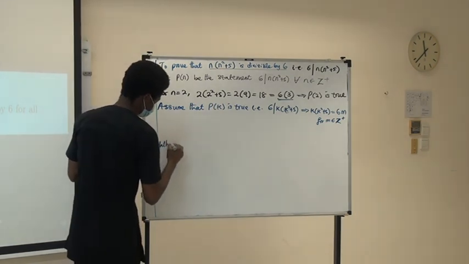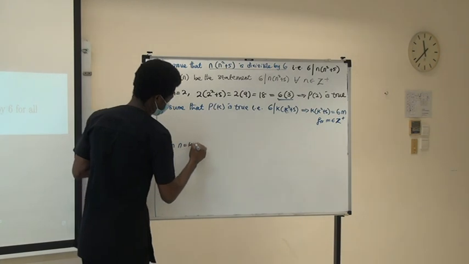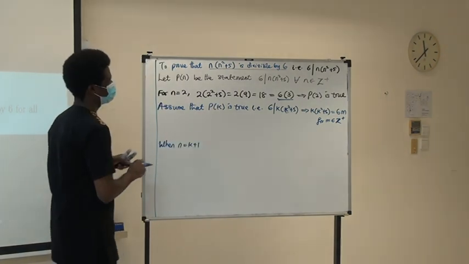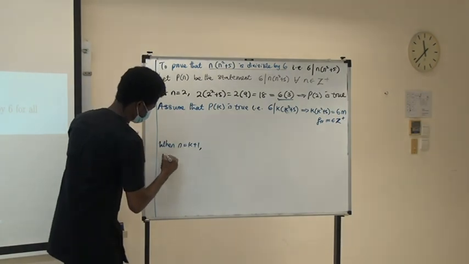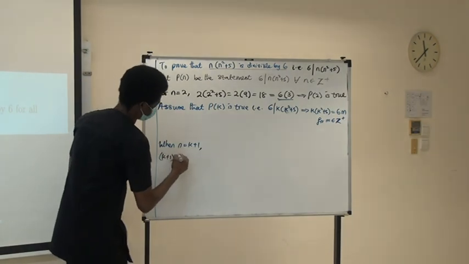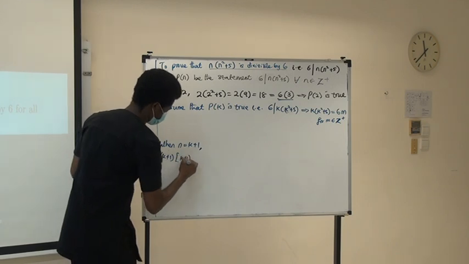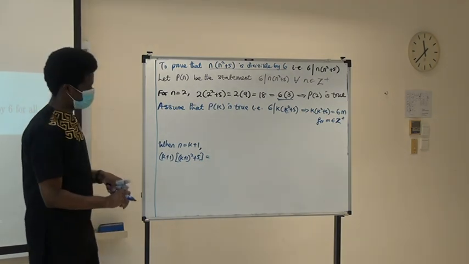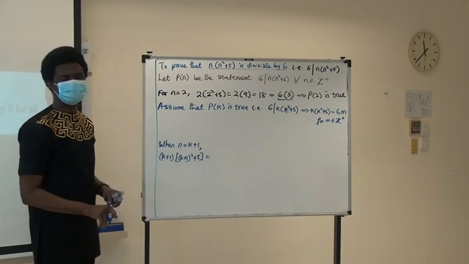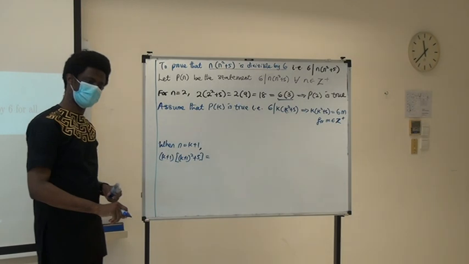So when n equals k plus 1, we have (k plus 1) squared plus 5. This is what you want to simplify until you can factorize 6 out, right?